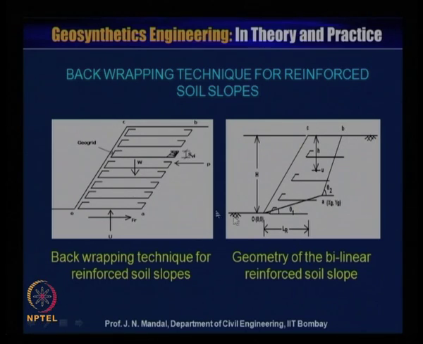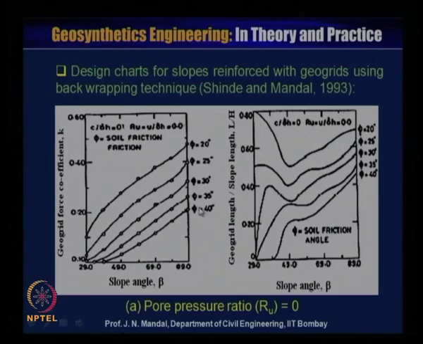So, you know what is this height of the reinforced slope, this is the length of the reinforcement, and this is the two-way system, and from this, Sindhan Mandal 1993, various design charts for slope reinforced with geogrid using back wrapping technique have been developed under different pore water pressure.